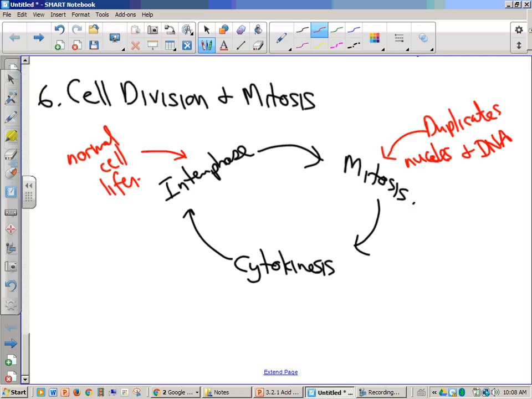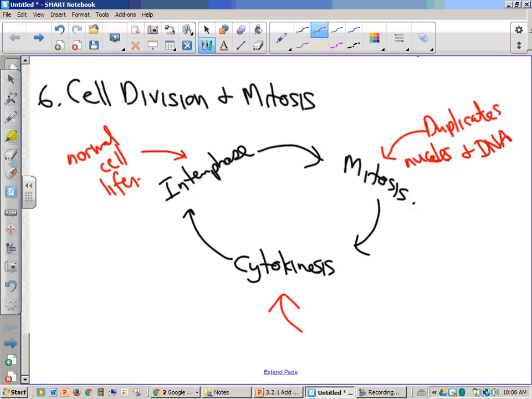That's the most important part. It duplicates that DNA. If we started with 23 chromosomes in each of our cells, which we do as humans, when mitosis is done, there's 23 chromosomes, and everything's functioning, and everything is behaving properly.